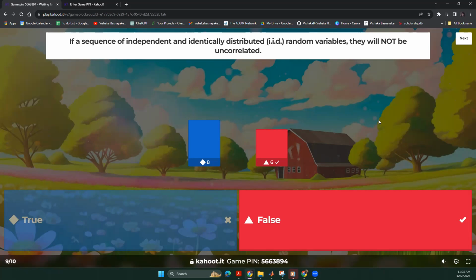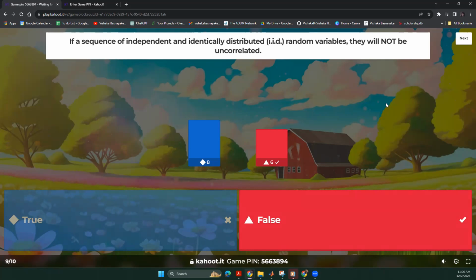If the process has independent and identically distributed random variables, those random variables are independent. If they are independent, that means they are uncorrelated. Here I'm asking whether it is not uncorrelated, which means it's not true, so it's false.